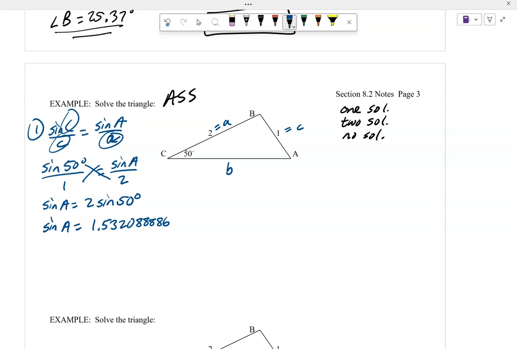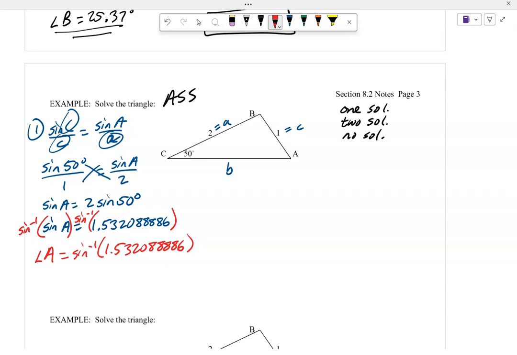So even if you run the arc sine on both sides to solve for a, so angle A is the arc sine of 1.53, right?